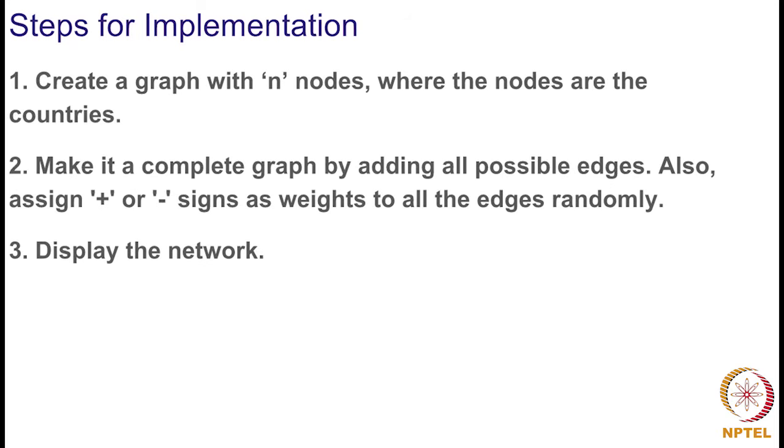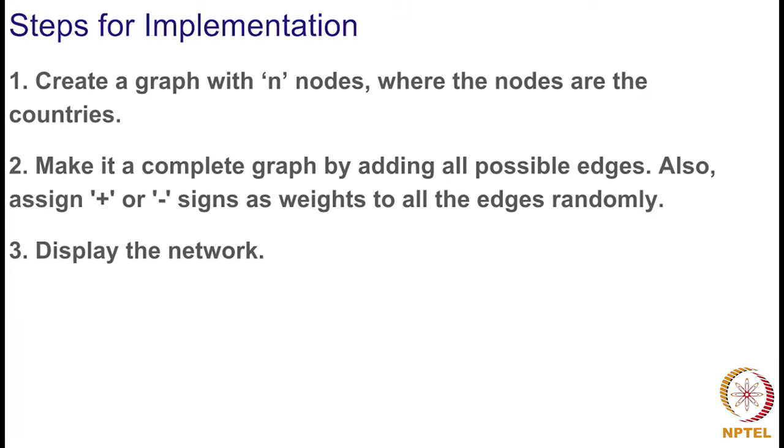The second aim of our implementation will be to observe this division of nodes into two groups, and we will see how the relationships existed amongst the countries initially and how the relationships exist amongst the countries later after this evolution.